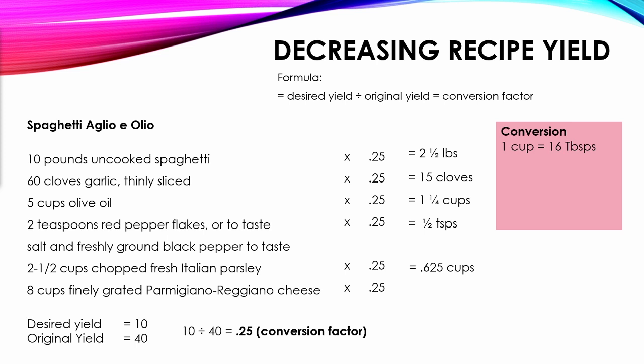Now to convert our 0.625 cups to tablespoons, we will use the following equation. You just cross out cups so that you can end up with the unit of measurement, which is the tablespoons.